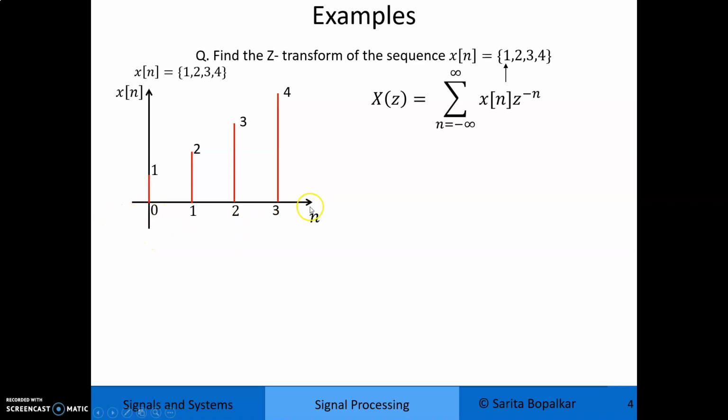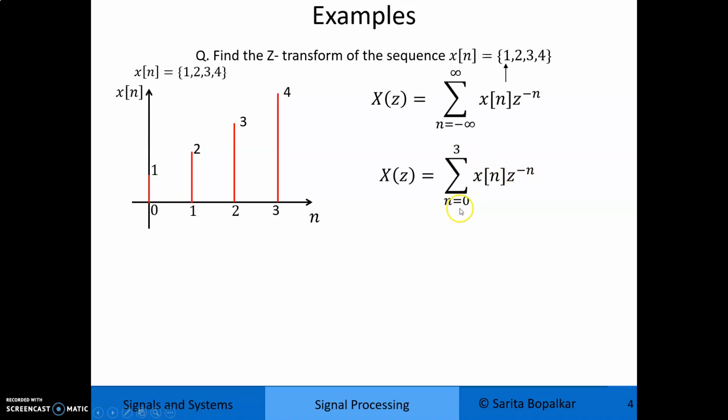For other values of n, x(n) is not there, means it is 0. That means this limit n varies from 0 to 3 for x(n). So, n equal to 0 to 3, x(n) z raised to minus n.